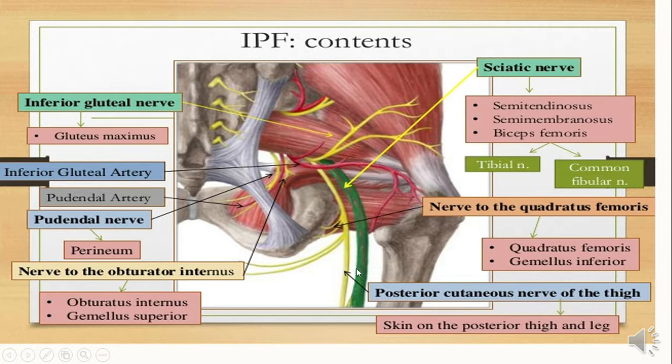It passes on to the posterior compartment of thigh, where as a complete nerve it supplies the hamstrings, the muscles of the posterior compartment of thigh, and then at the superior angle of the popliteal fossa, it divides into two parts: the tibial nerve and common fibular nerve, which are distributed in the leg.